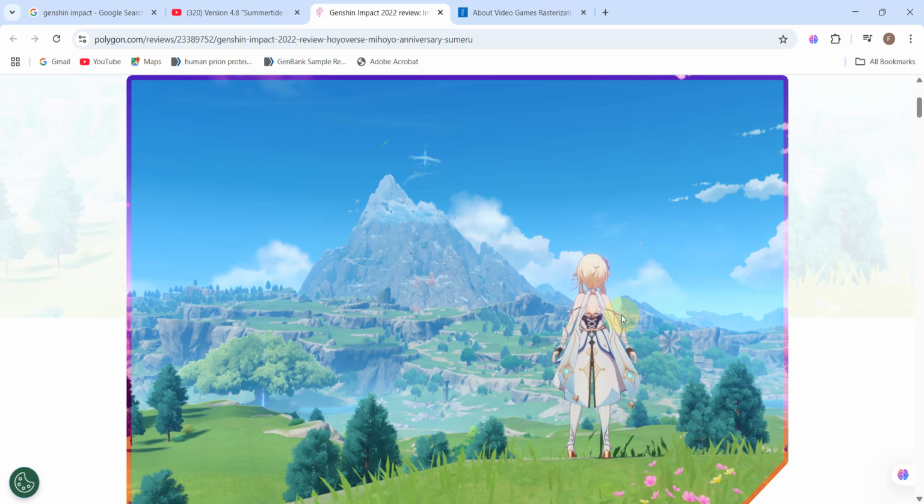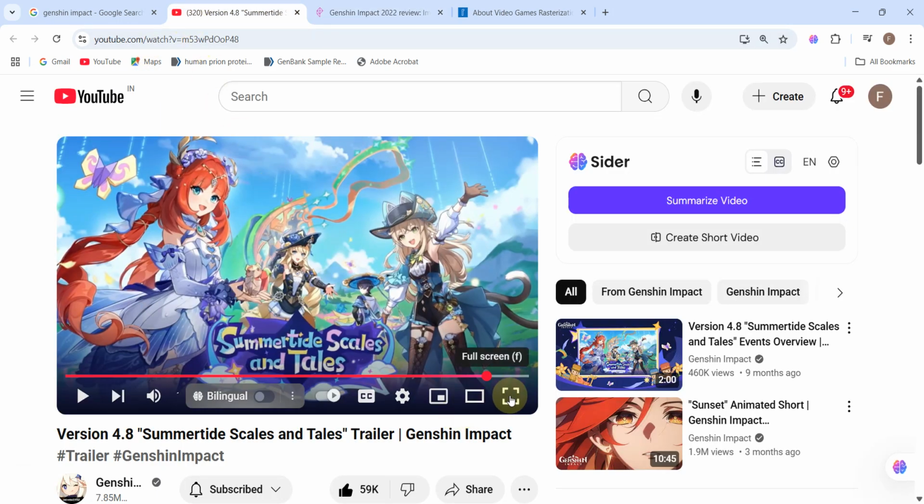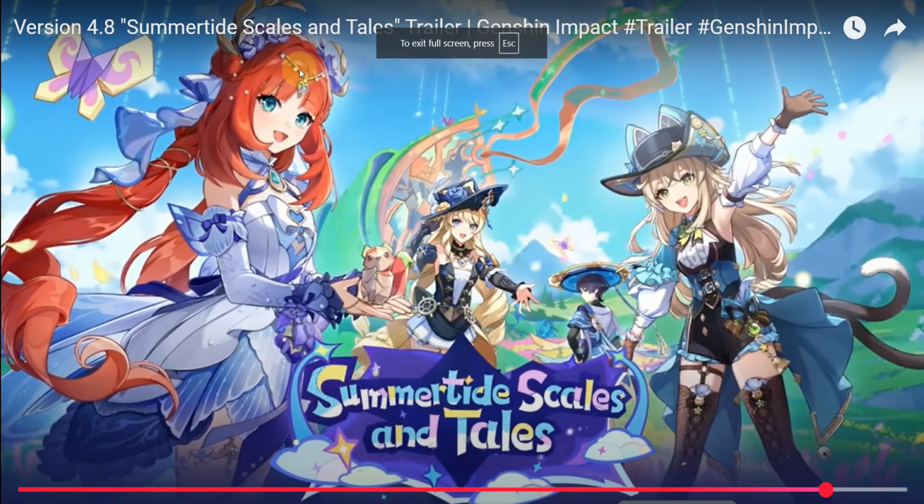She has volume, and you can see the three-dimensional scene here. If you want to see the characters more precisely, this is an image of the characters of Genshin Impact, where you can see they all have volume.